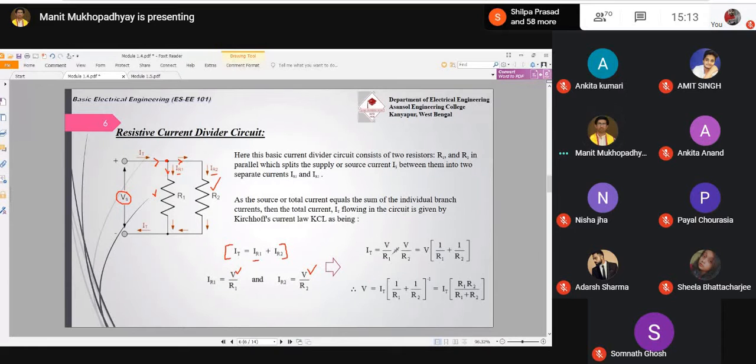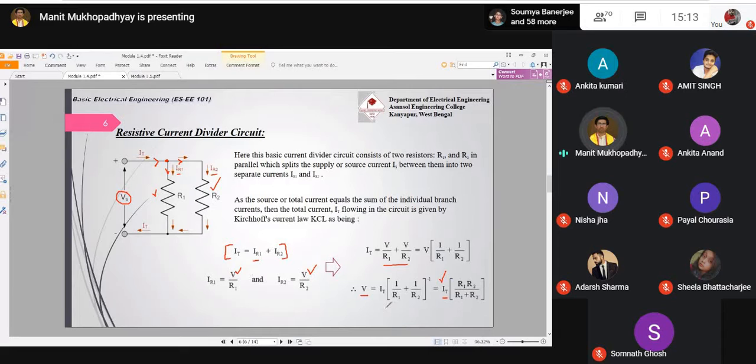Now add those, and from there you can calculate V, and from there you can calculate the IT value, that means I total. Now if you have calculated the I total value, you can obviously calculate the other values, that means IR1 and IR2, because the V value is already known to you with respect to IT.